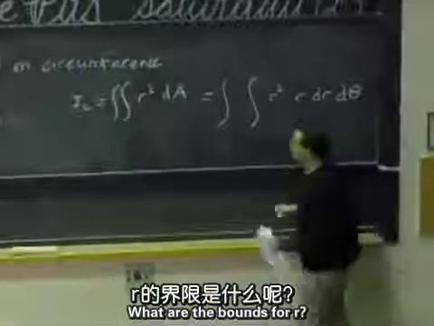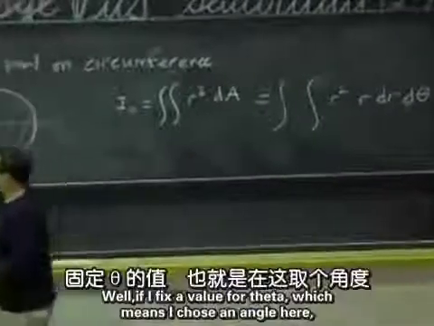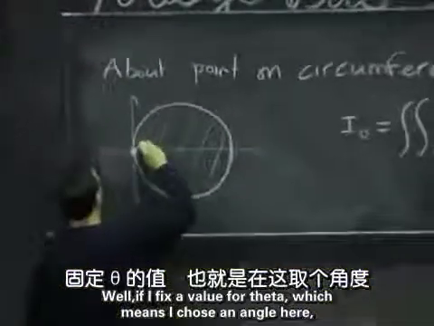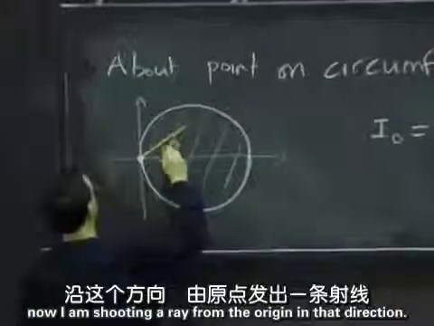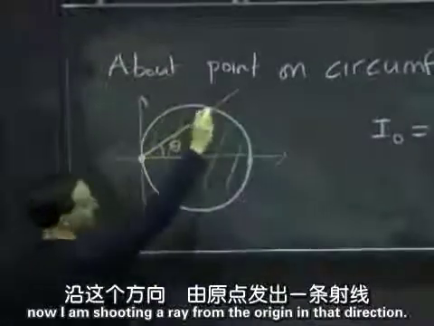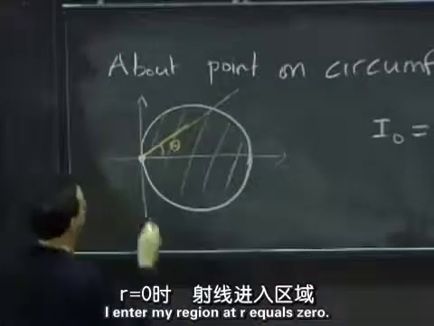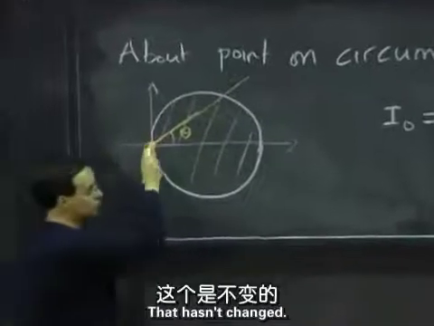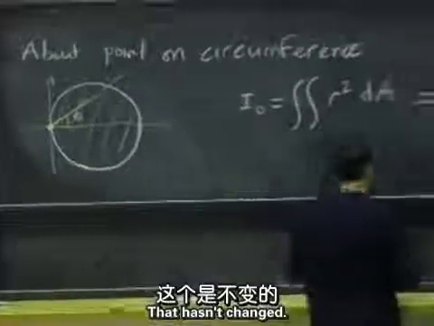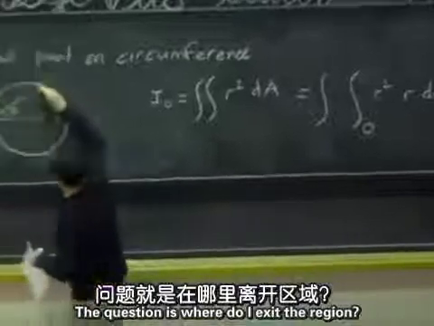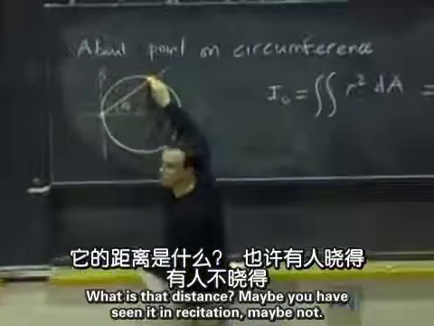So what are the bounds for r? Well, if I fix a value of theta, so it means I chose an angle here, and now I'm shooting a ray from the origin in that direction. So I enter my region at r equals 0. That hasn't changed. The question is, where do I exit the region? So what is that distance?